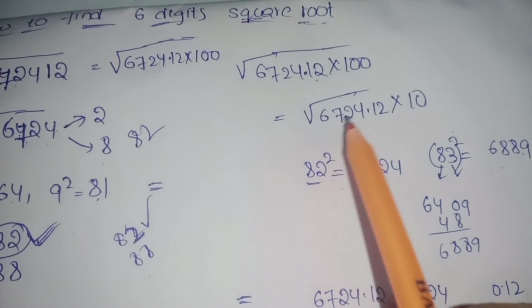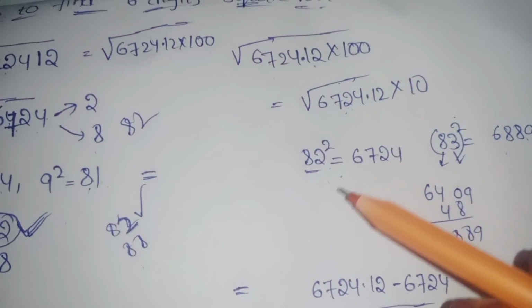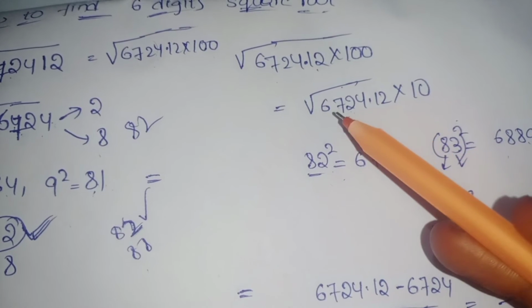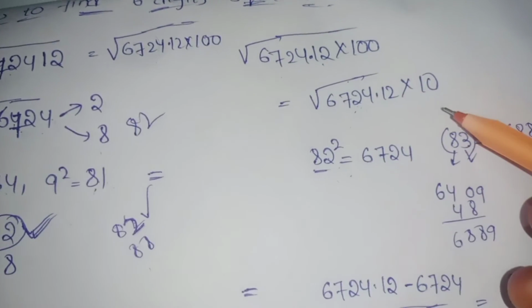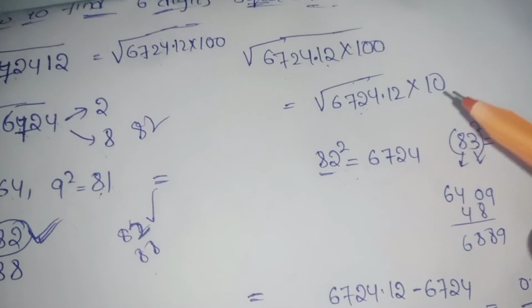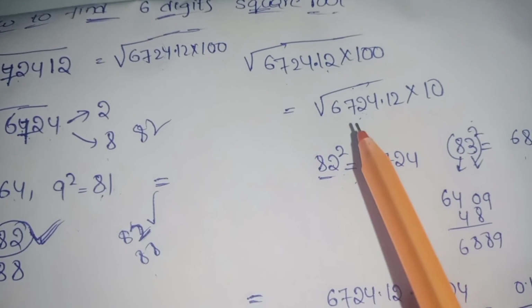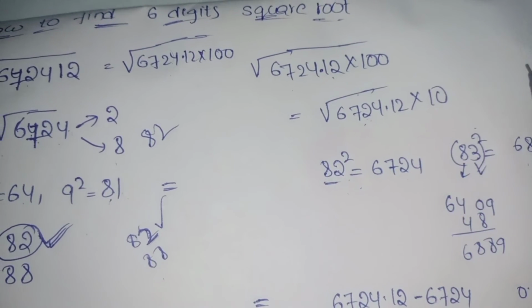So now we have to find the nearest lesser square root of 6724. 6724 is a very complicated number. So how do we find the square root of 6724? In our last section I explained how to find the square root of 4-digit perfect squares, right?